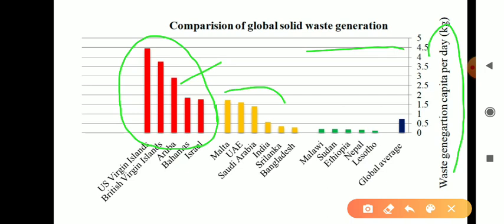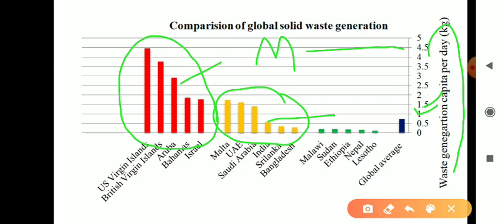And this yellow is denoting the moderate level, means these countries have a moderate waste generation per capita per day. For India, we can see this is the level, this is 0.5 kg, means in India the per capita waste production is 0.5 to 1 kg.